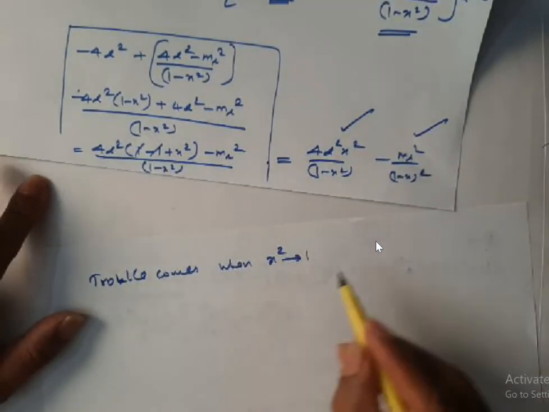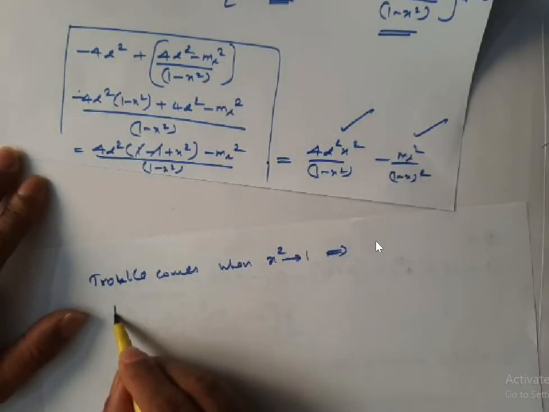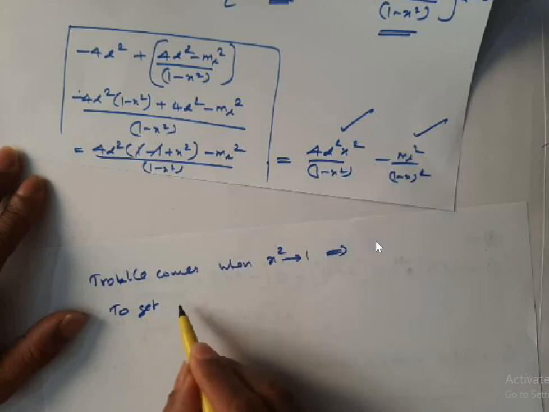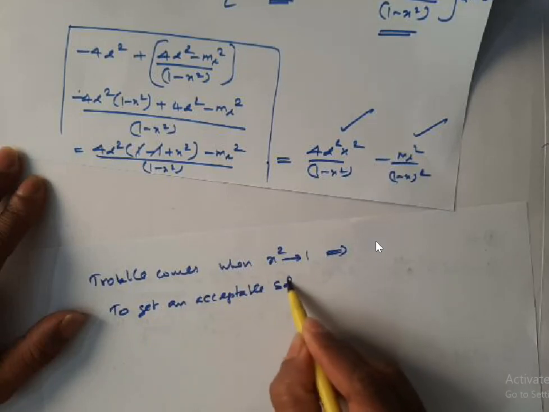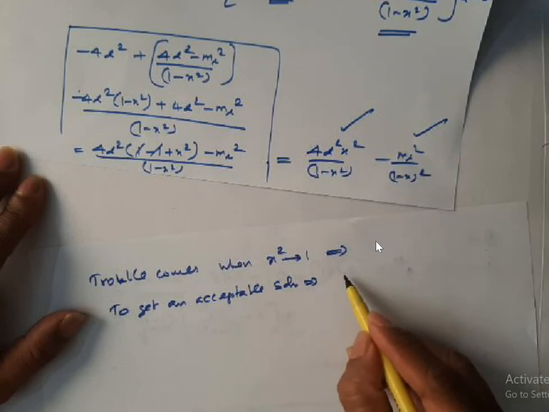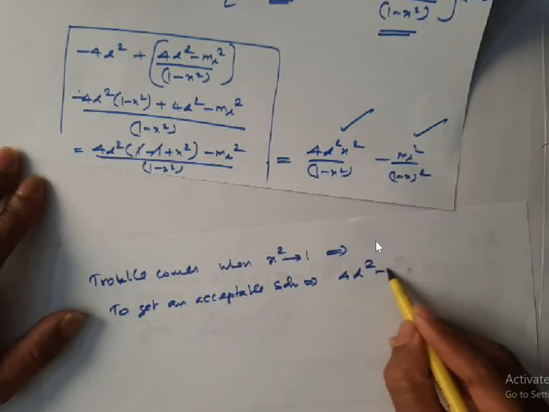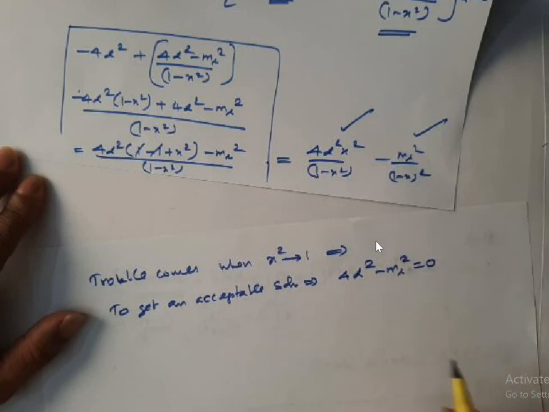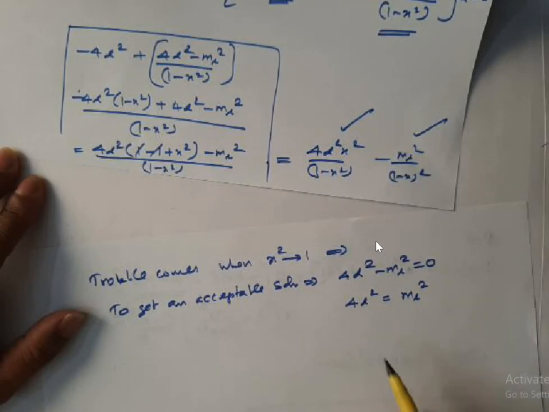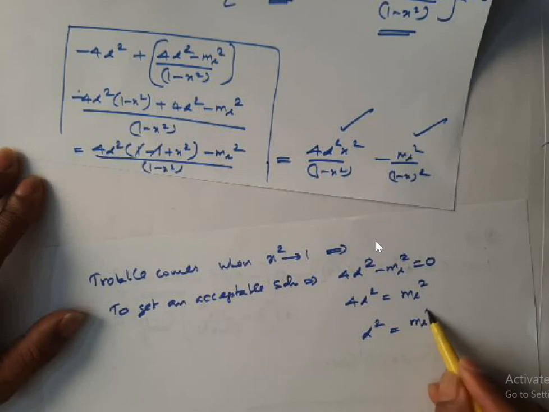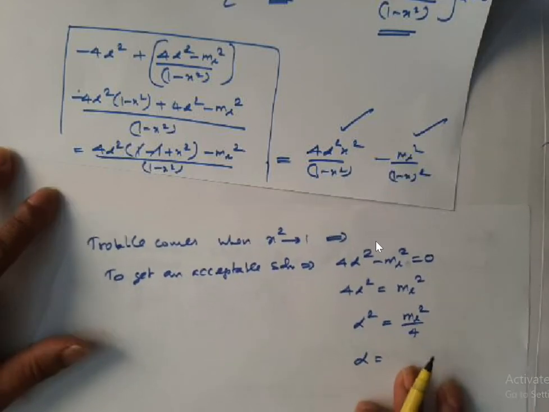So to get an acceptable solution, we should fix 4 alpha square equal to ml square, or alpha square equal to ml square by 4, or alpha equal to ml by 2, but ml can take positive and negative values, you know.